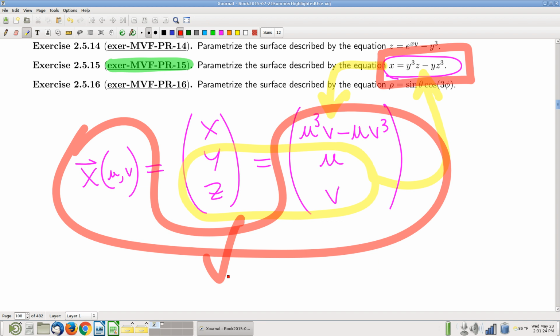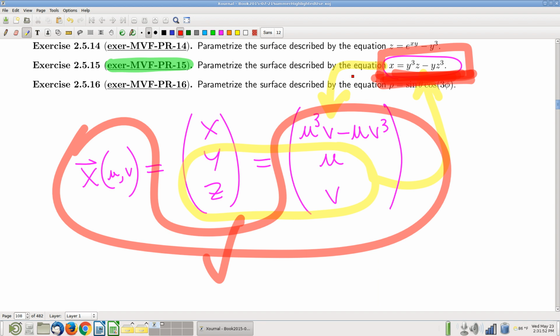We want to find a function whose image is the object in question. Said differently, I want a function whose output points cover the object in question. Here, I want to cover this surface with that equation. And a great way to do that is this graph parameterization trick that we just talked about.